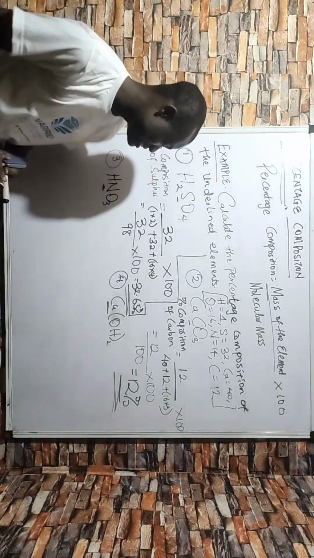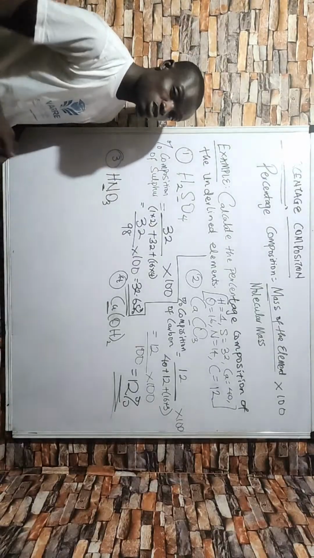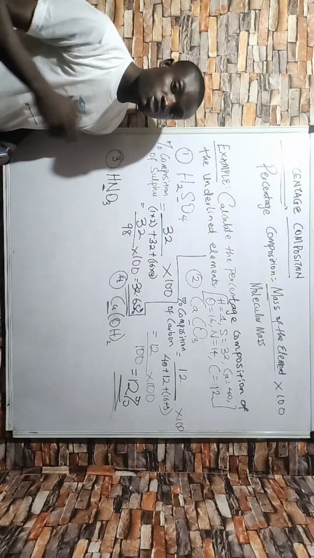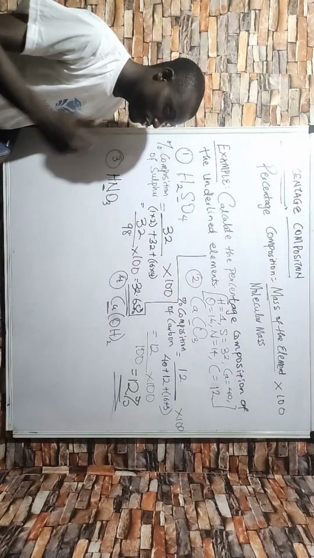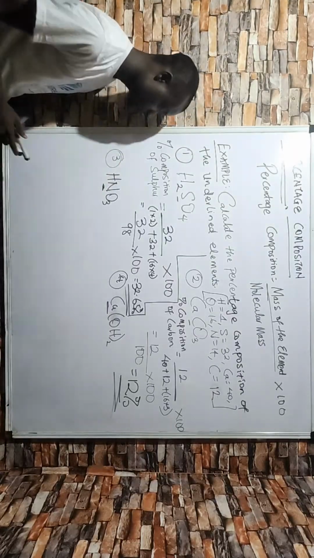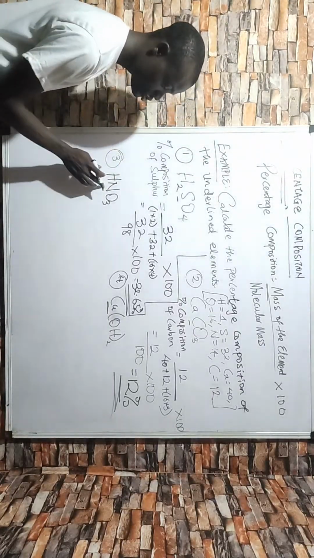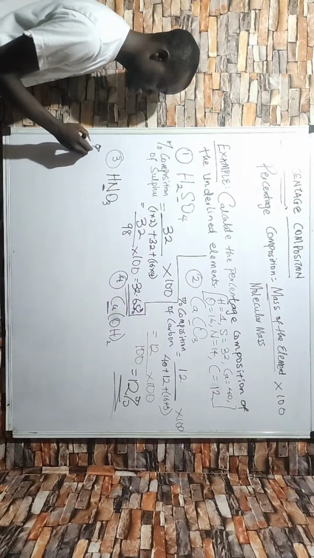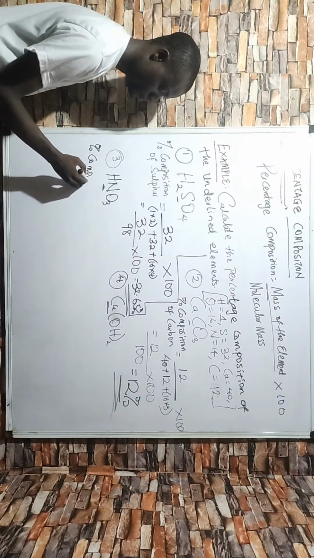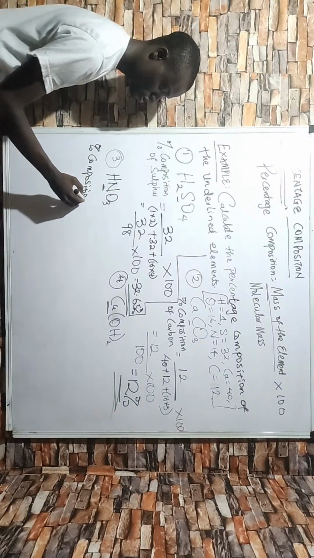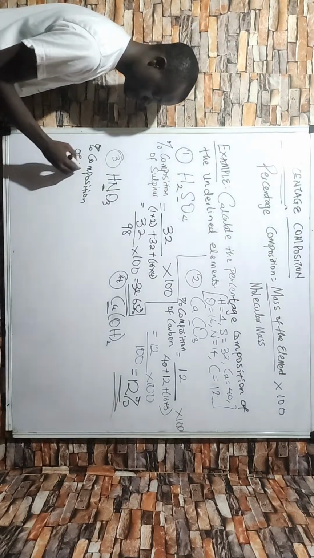So we move to the third question. Our third question is HNO3, which we call trioxonitrate(V) acid. So how do we solve this? We are interested in the percentage composition of nitrogen.